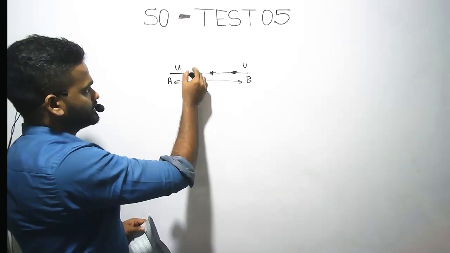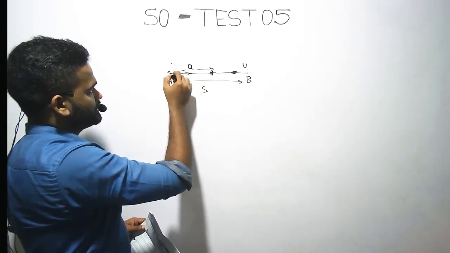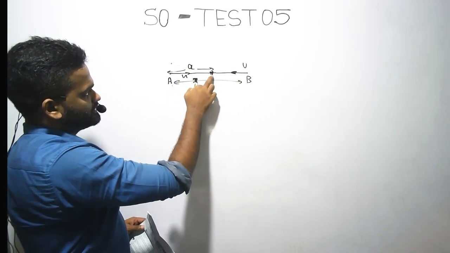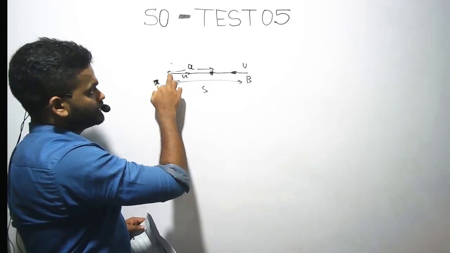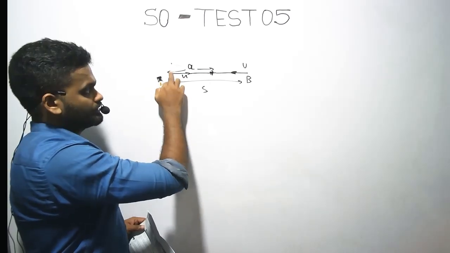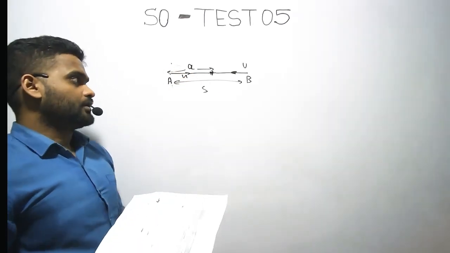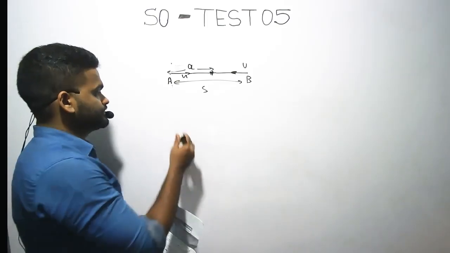What they ask is the distance to the meeting point from A. So what are the steps?